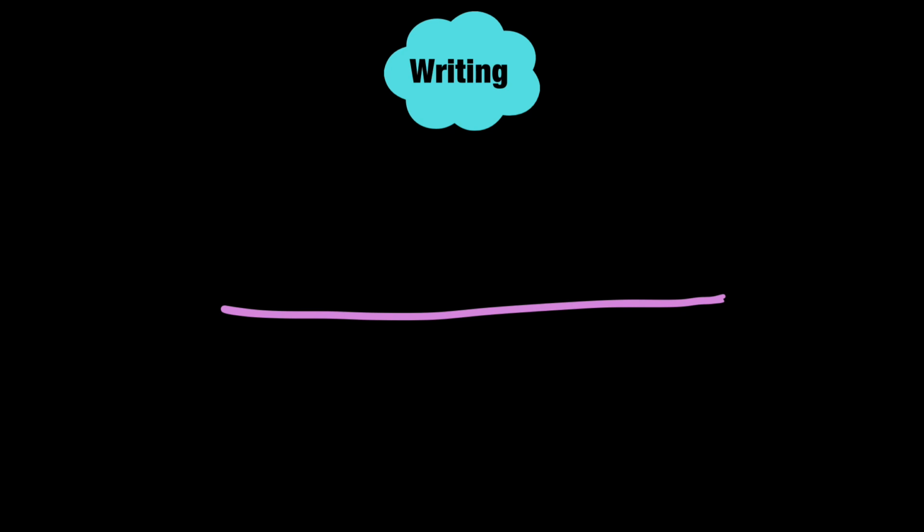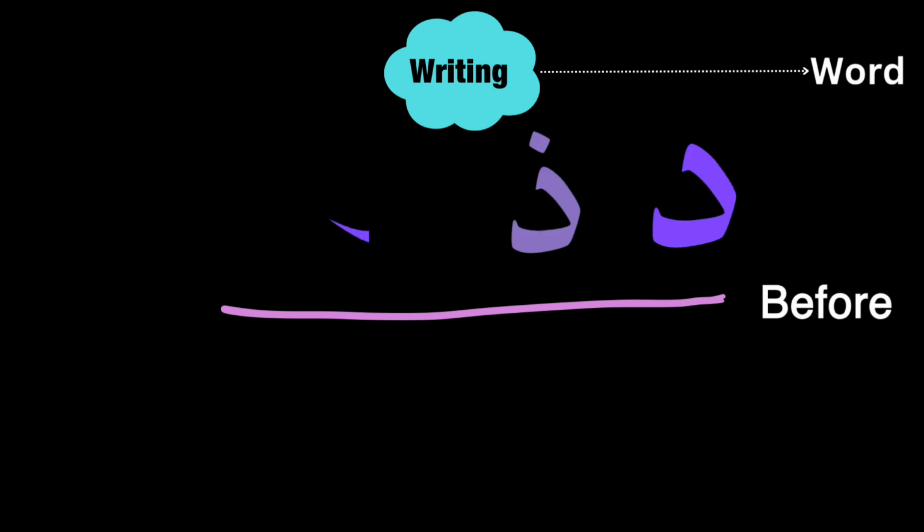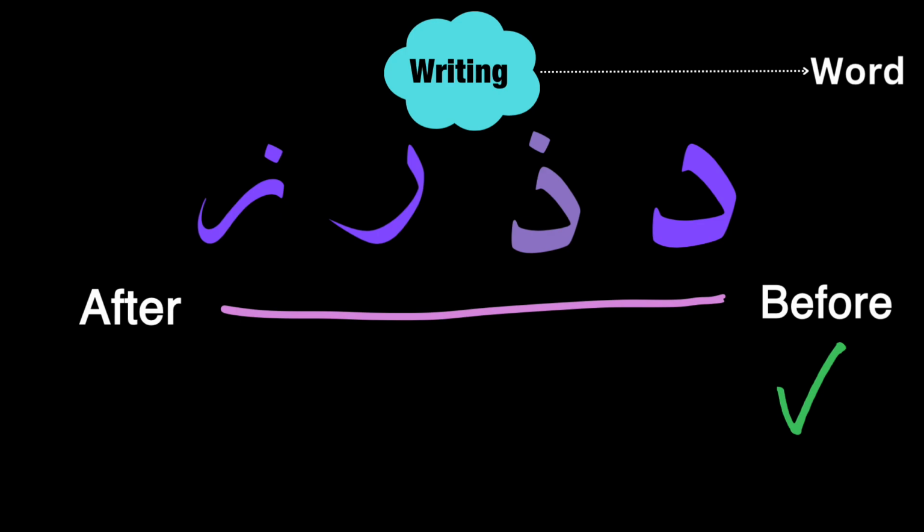Finally, the writing of the letters within words follows one rule, which says if you have a letter before dal, dhal, ra, and za, then you must connect the end of that letter to our letters. However, if you have a letter which comes after those letters, then do not connect the end of dal, dhal, ra, and za to the following letter.